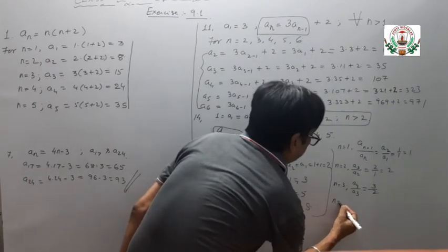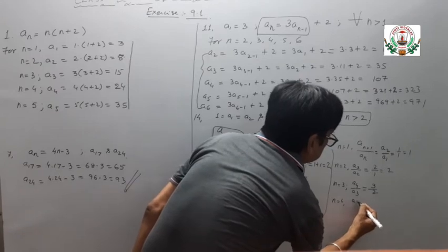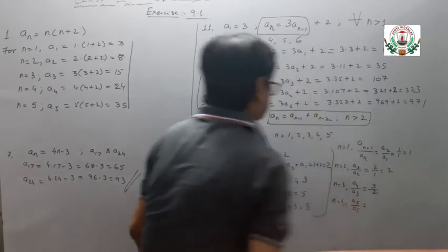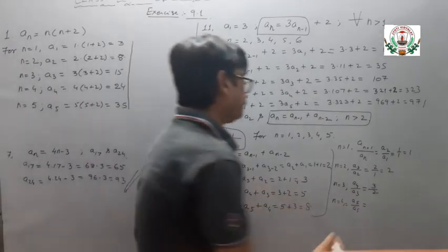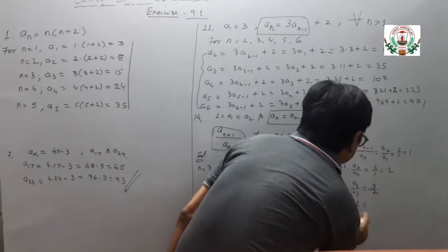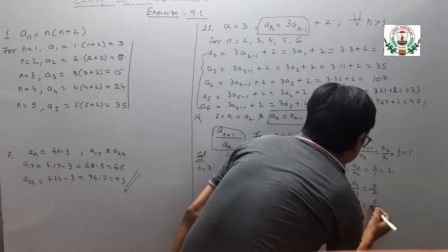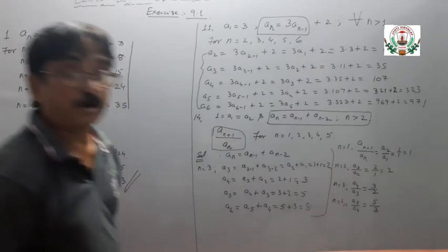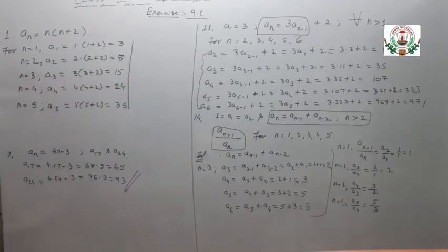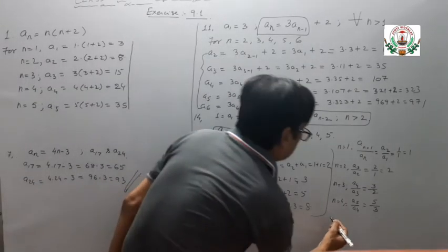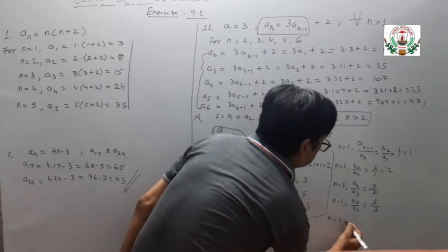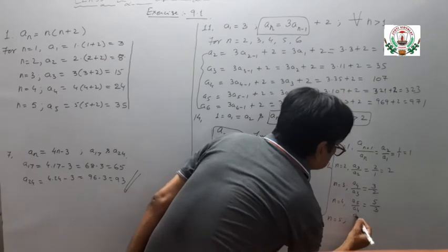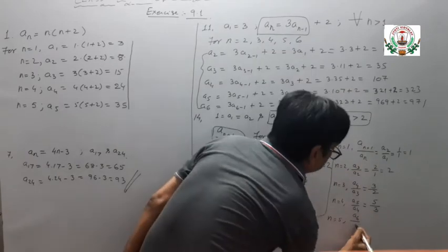And for the fourth term, a5/a4. For the fifth term we have calculated here 5, and the fourth term we have calculated here 3. So it becomes 5/3. And the last, for n equals 5, we will get 5 plus 1, 6, sixth term upon fifth term.